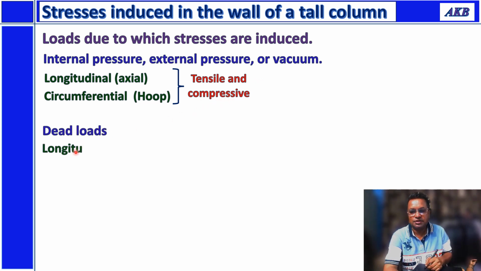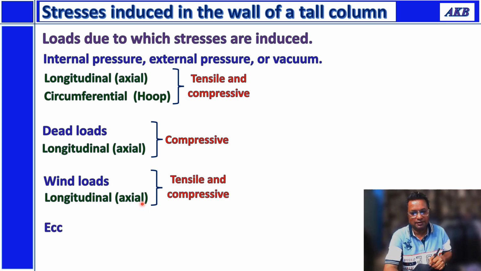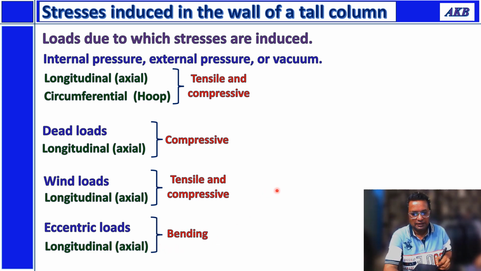Then dead loads induce longitudinal stresses in the wall, and these stresses will be compressive in nature. Wind loads induce longitudinal stresses, and they are tensile and compressive in nature. Eccentric loads induce longitudinal stresses, and they are bending stresses.